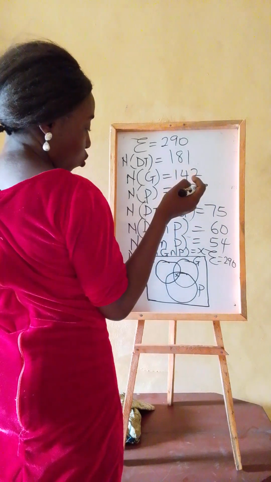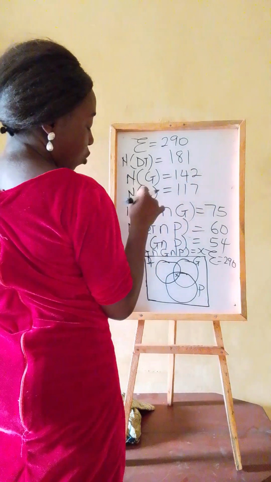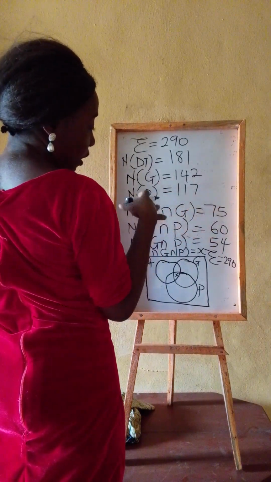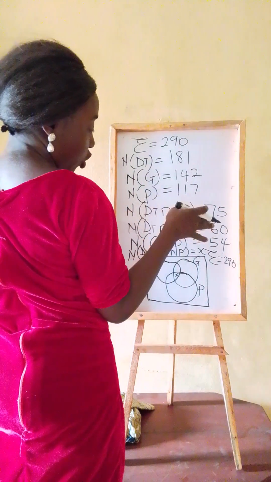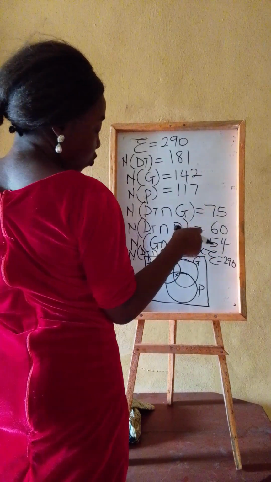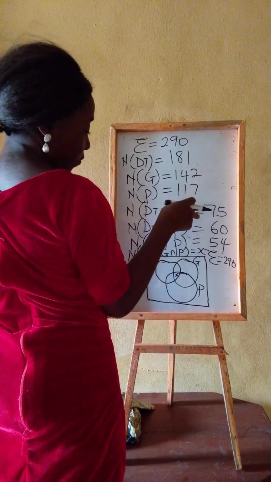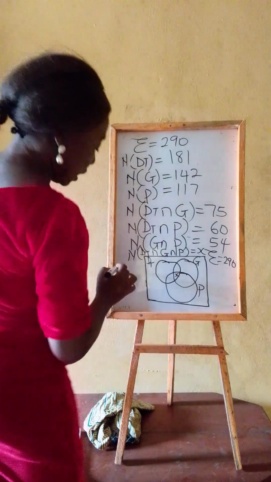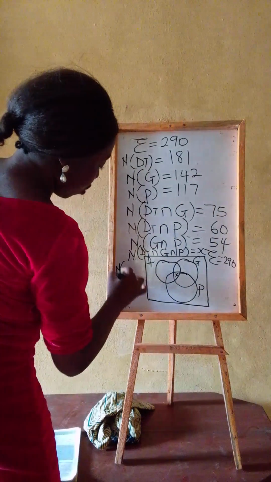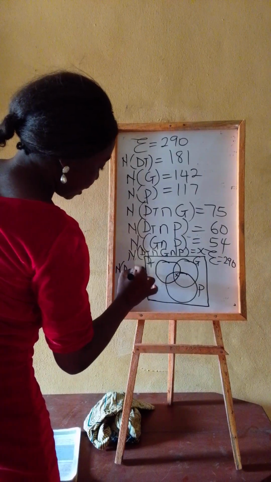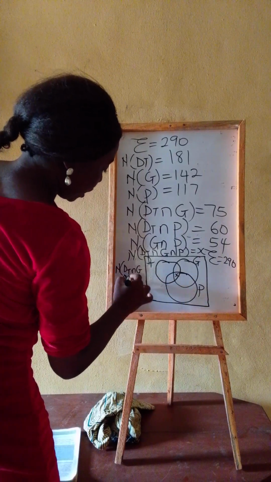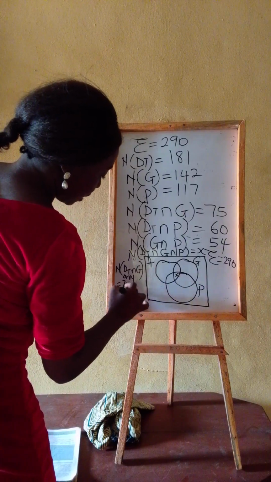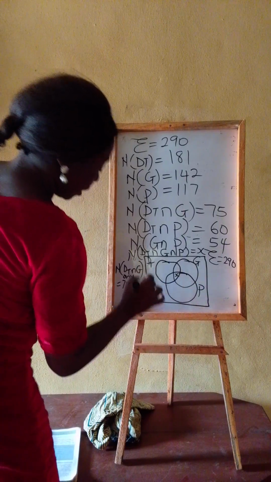For us to know the number of DT that intersects with G only, we will need to subtract x from 75. So the number of DT intersect G only means you will need to subtract 75 minus x.